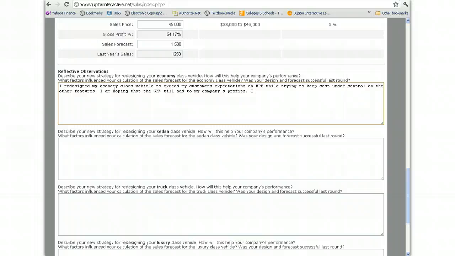And the second question, what factors influence your calculation for the sales forecast? I used the 25% factor of sales growth for the vehicle class.